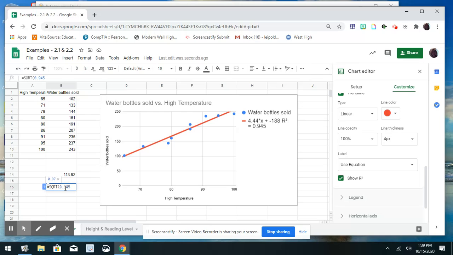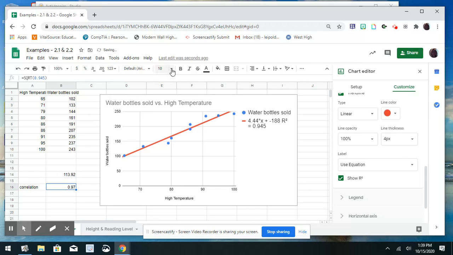That's what we're trying to find the square root of. Hit your right parenthesis, which is Shift 0, and then enter. And you can see that the R, the correlation coefficient for this particular set of data, is 0.97, which means it's a pretty high correlation.